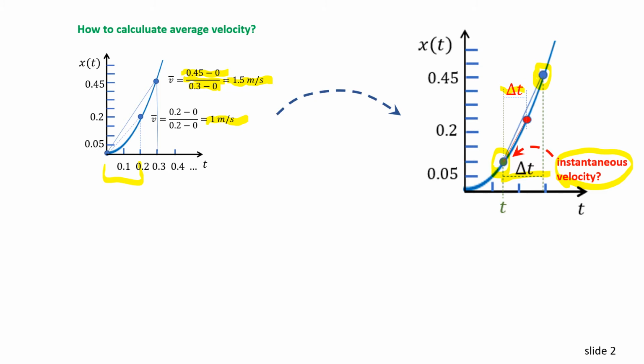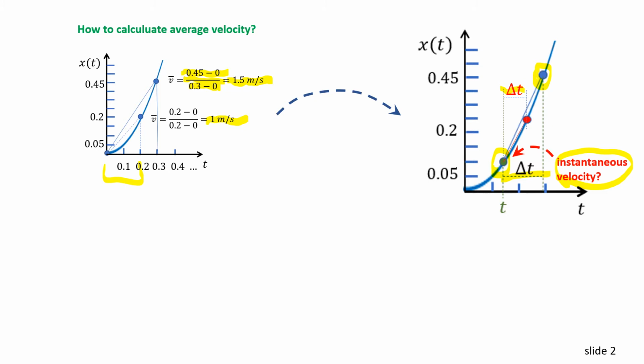If we keep moving the next time point closer to our current point and make the delta t smaller and smaller and smaller, the average velocity will get closer and closer and closer to the instantaneous velocity. Newton believed if delta t decreases to approach 0, then the average velocity will approach the instantaneous velocity. This very belief is what made Newton solve for the instantaneous velocity and thus invent the basis of calculus.